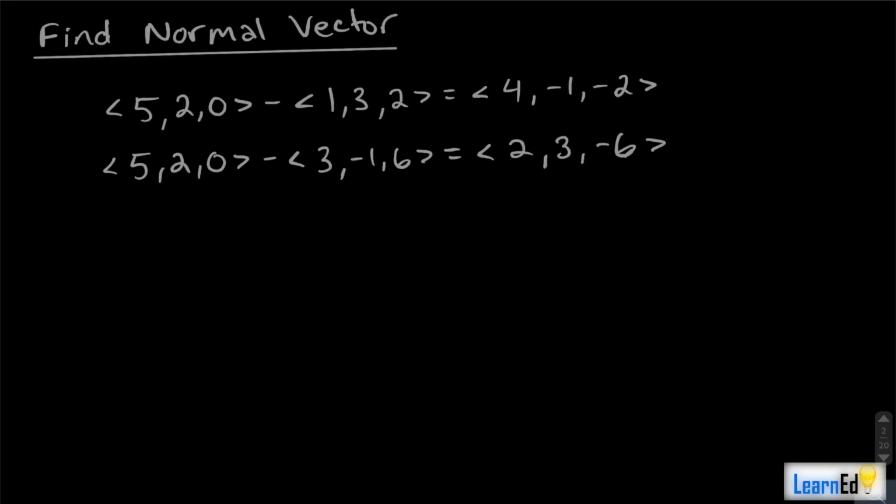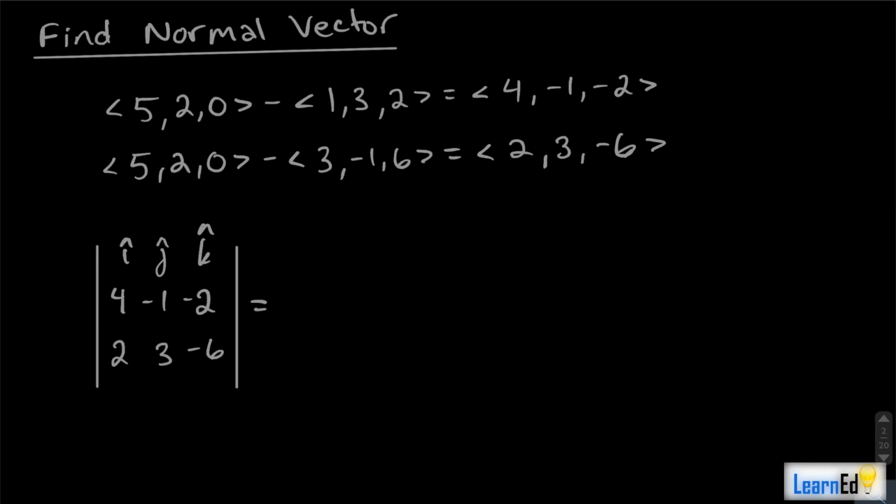So, if we're going to take the cross product of these two vectors, we've got to set up our matrix. Okay, so we have i hat, j hat, k hat. We have 4, -1, -2 as our first vector. We have 2, 3, -6 as our second vector, and now we just find the determinant. So we have i hat times, we have a -1 times -6 minus a -2 times 3.